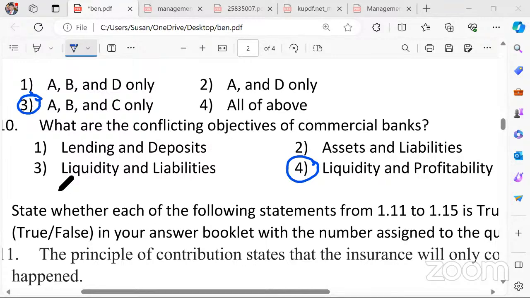You are not talking now. Amir, you got this point? What is the conflict between profitability and liquidity? Who is this R? Only one letter. Who is R? Ranil?